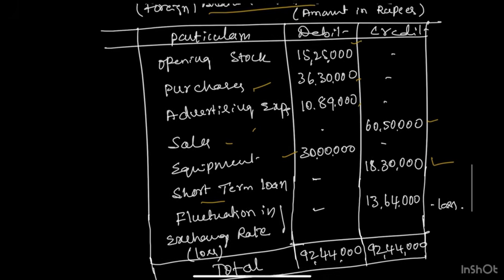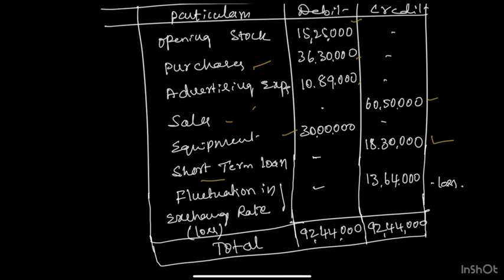And when you make this tally, you will get some difference. Look at here. The debit total you will get is 92 lakhs 44,000. But when you make a total on the credit side, you will get a shortage of funds, the amount of rupees 13 lakhs 64,000. The difference you get on the credit side will be treated as loss.